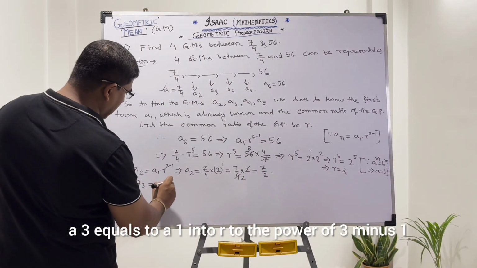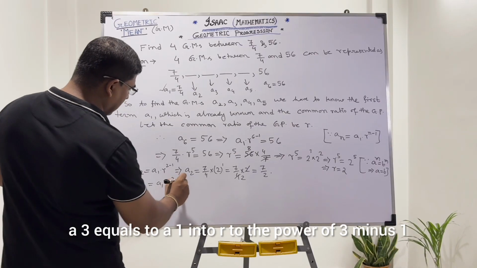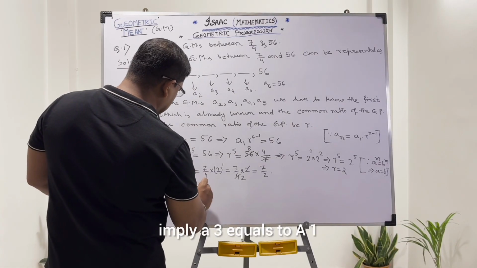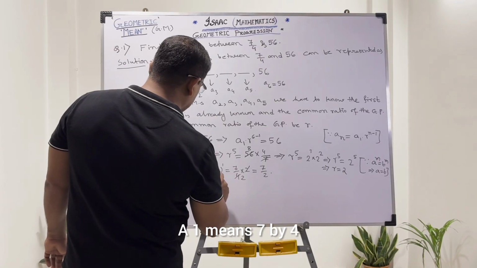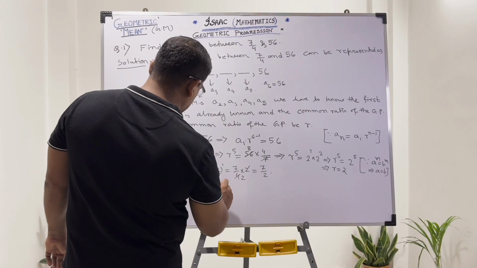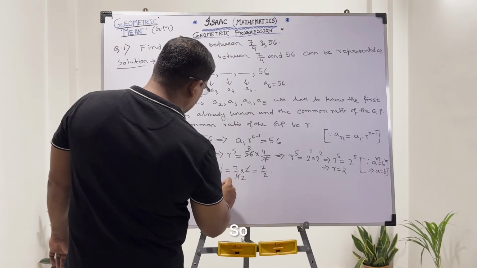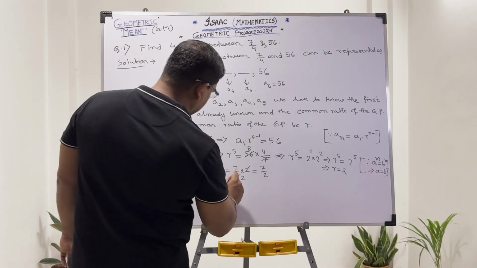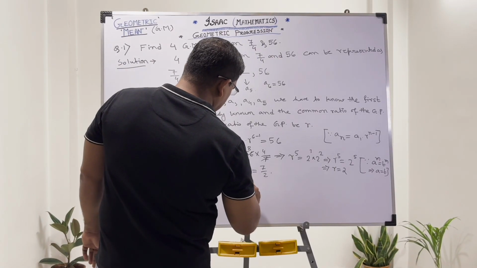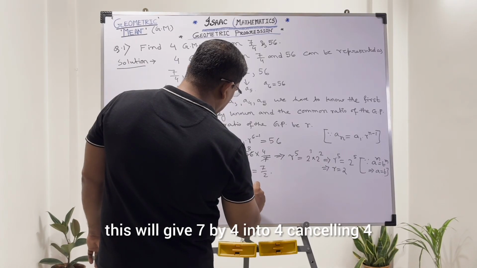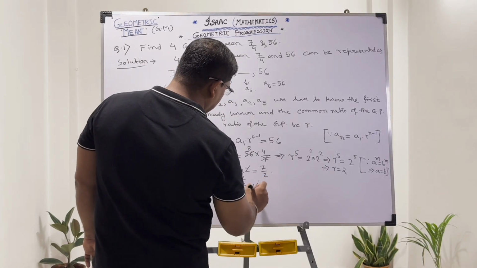A3 equals to A1 into R to the power of 3 minus 1 implies A3 equals to A1, A1 means 7 by 4, into R means 2. So 3 minus 1 means 2. So 7 by 4 into 2 square. This will give 7 by 4 into 4. Cancelling 4.